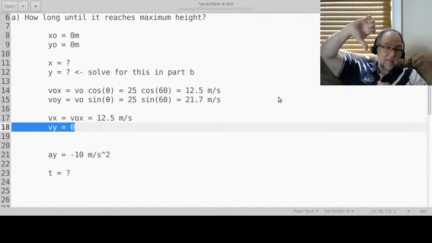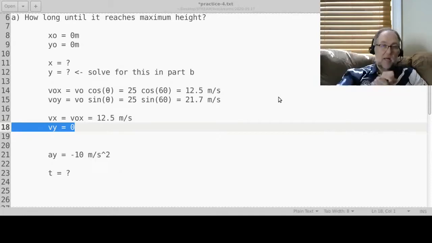It's negative after, and exactly at maximum height, the velocity is 0. But it's not the full velocity, it's just the y component of the velocity, because the y component is the velocity going up and down. It's just that part that talks about how fast you're going up and how fast you're going down, irrespective of traveling horizontally.